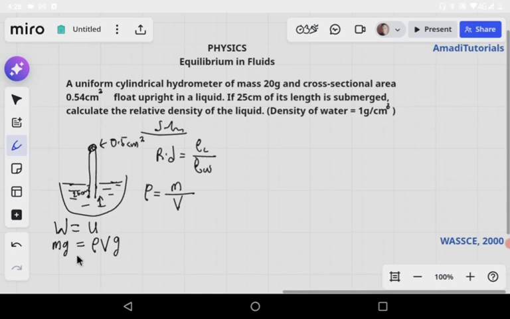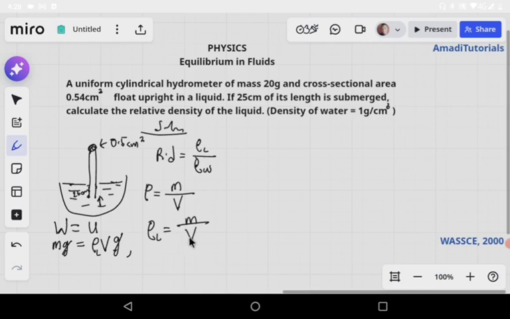Acceleration due to gravity is the same, so they will cancel each other. If you make the density of the liquid the subject of the formula, the density of the liquid will be given as the mass of that cylinder over the volume of the cylinder that is being submerged.